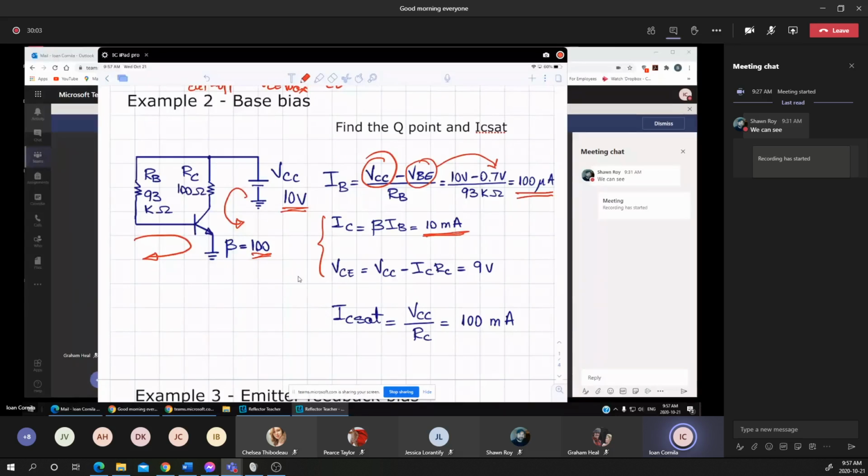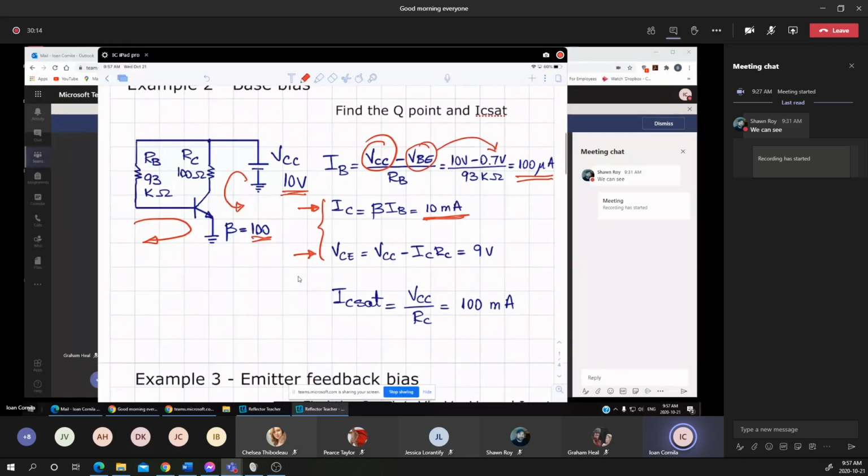Remember that finding the Q point is finding the IC and the VCE, which will define the Q point of the transistor in the circuit. Using the same identical equation, VCC minus ICRC, gives a voltage of 9 volts as the VCE.